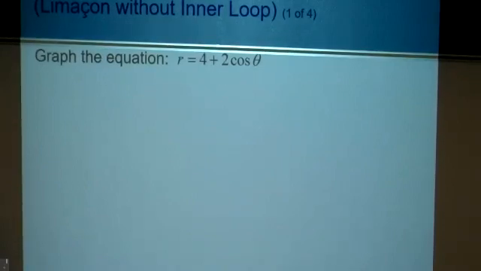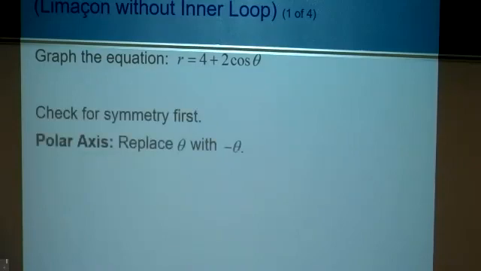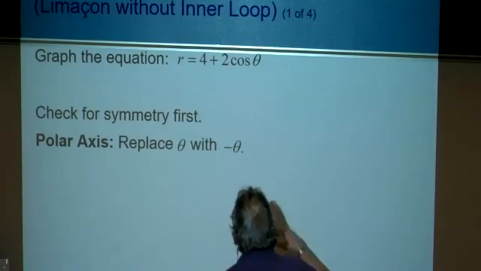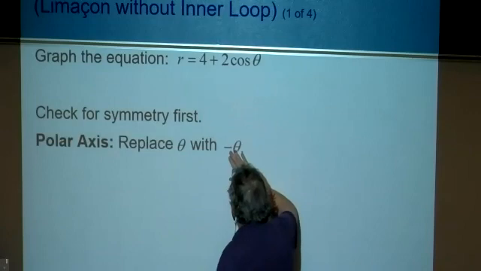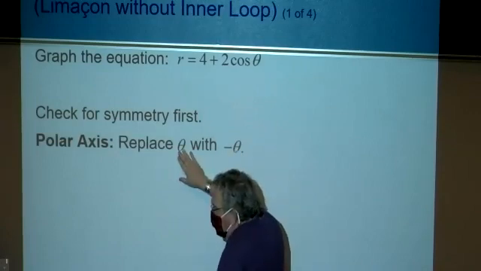So the graph of this is going to look a lot different, and we build it the same way. We pick values to put in. Well, first thing they do here, they check for symmetry and replace theta with negative theta. Well, we know cosine is an even function. So cosine of negative theta is the same as cosine of theta.